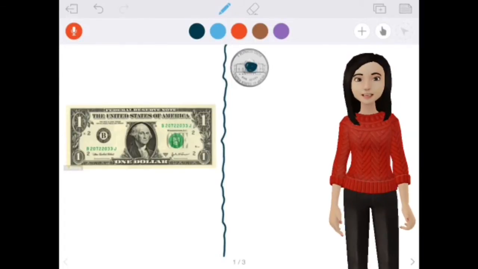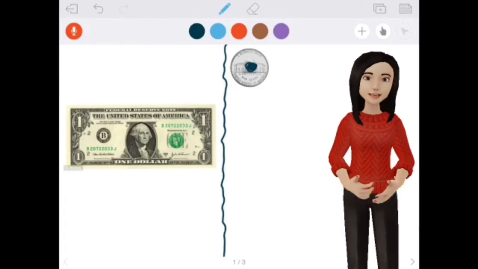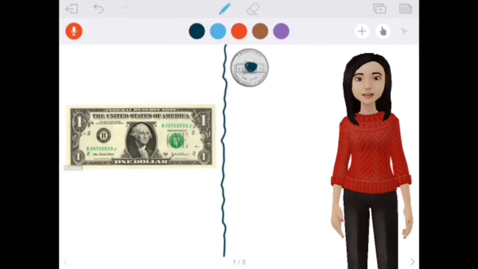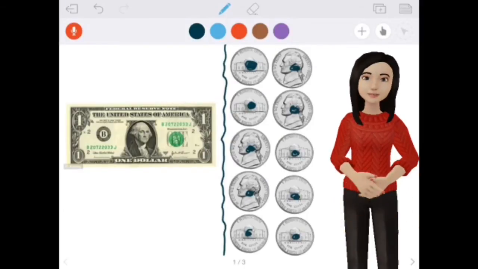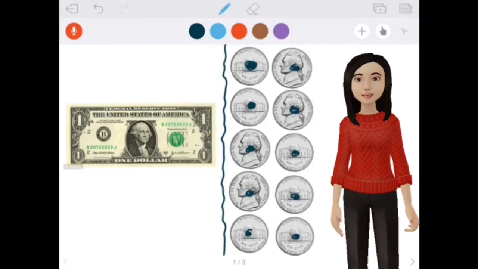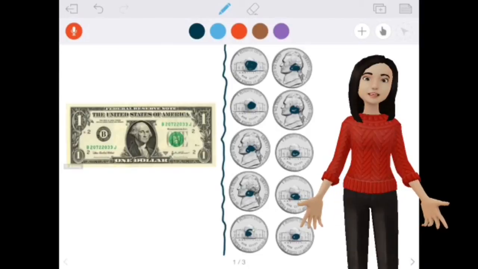I'm going to go ahead and add in 9 more nickels. Now I have a total of 10 nickels. On each nickel, I have one touched point. Remember, one touched point equals 5 cents.